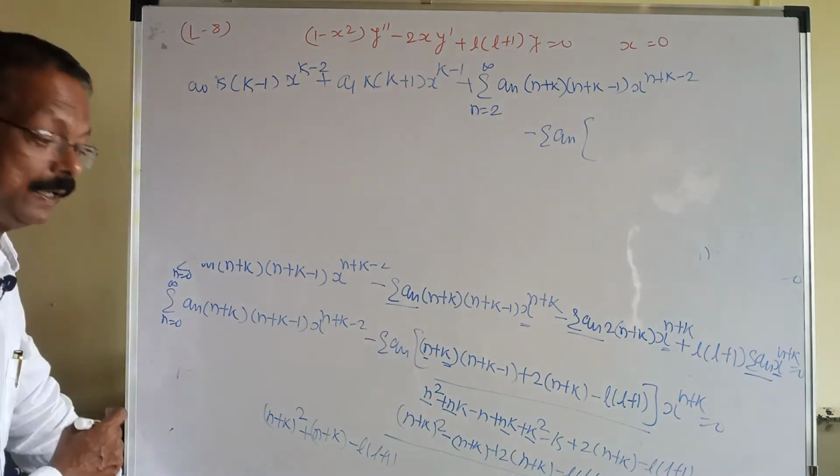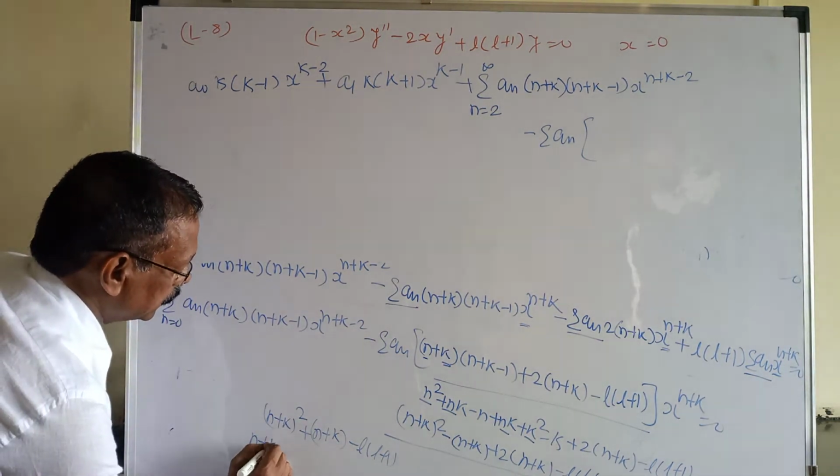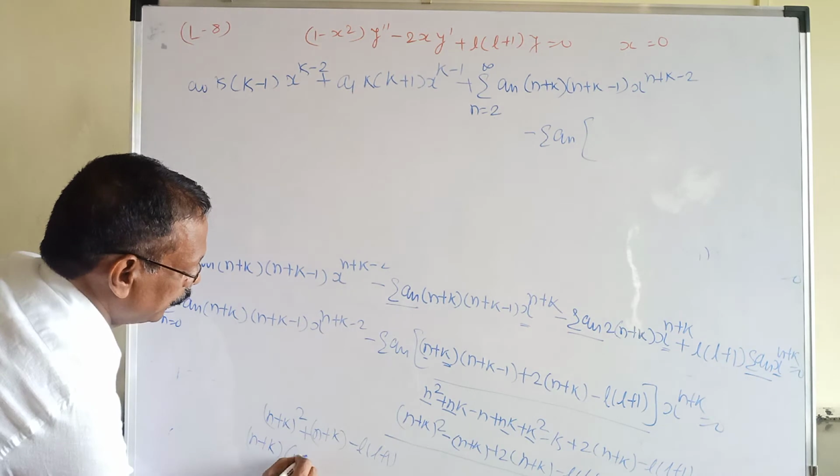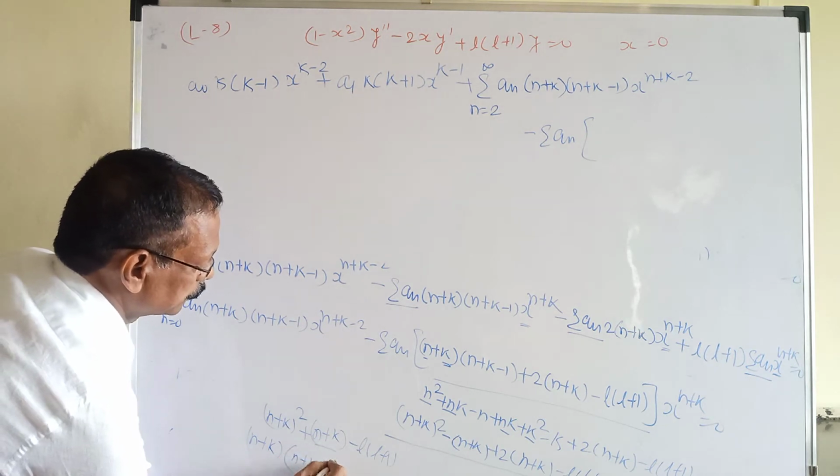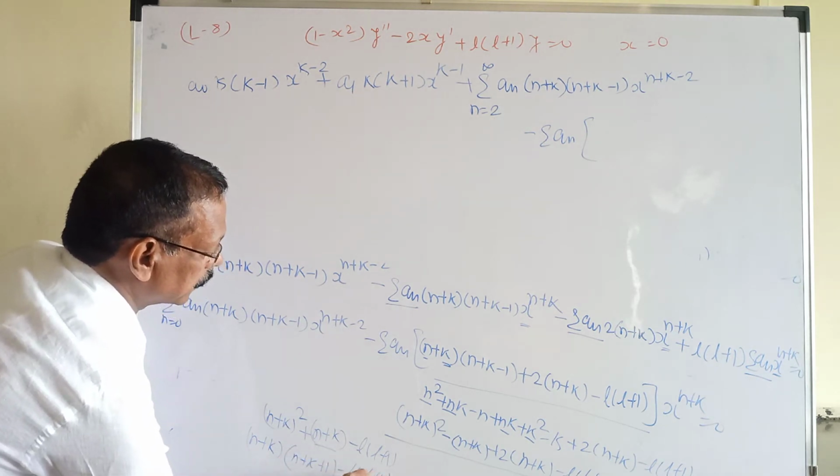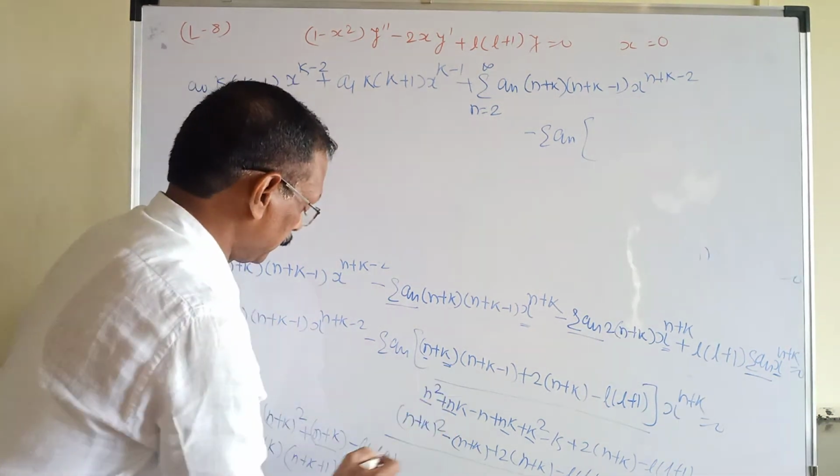And from this, if we take n plus k common, we get (n plus k) into bracket (n plus k plus 1 minus l) into (n plus 1). So this bracketed term can be replaced by this term.